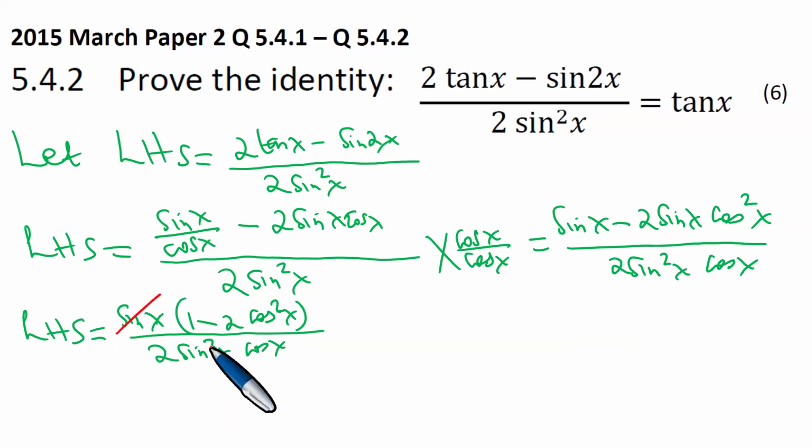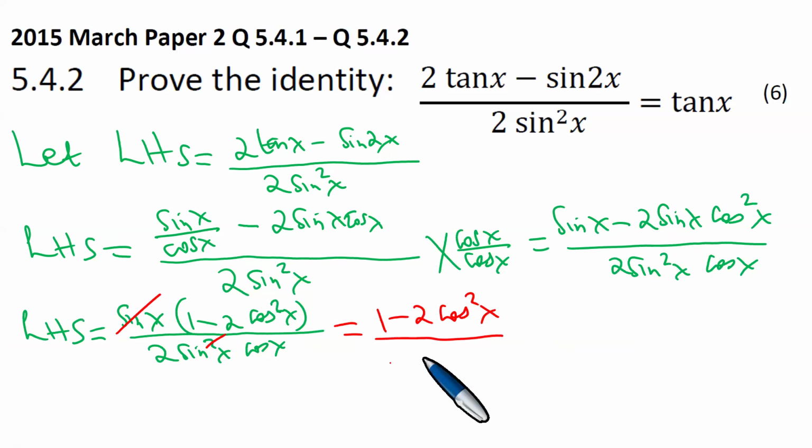The sine cancels one factor in the denominator. This gives us 1 minus 2 cos squared x, all divided by 2 sin x cos x.